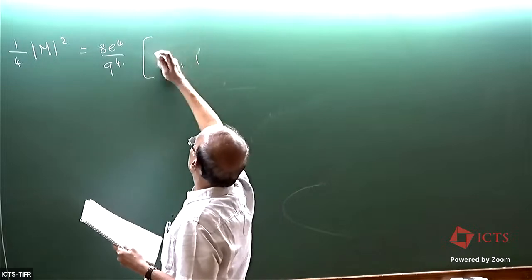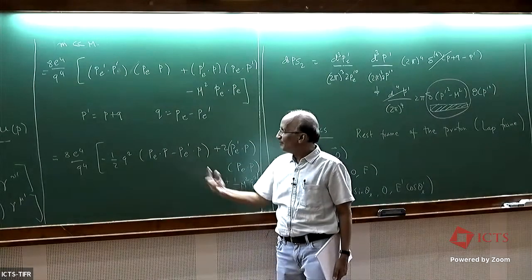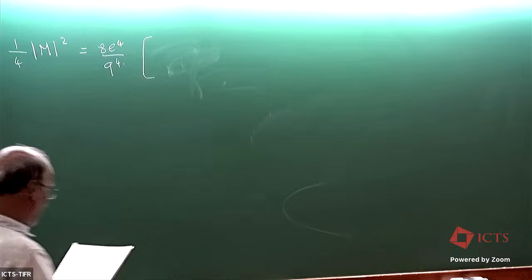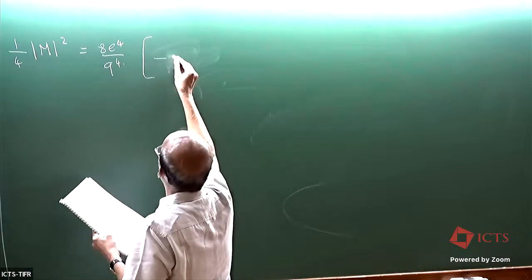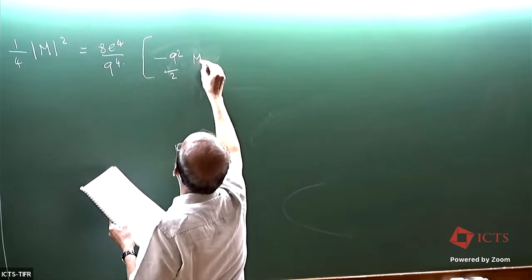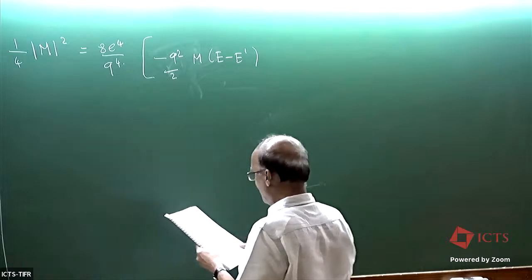Maybe I'll just write down the expression separately. Now if you look at this part, P dot (P minus P prime), which is m times (E minus E prime), that is the part minus q square by 2m into (E minus E prime). That is the first part.